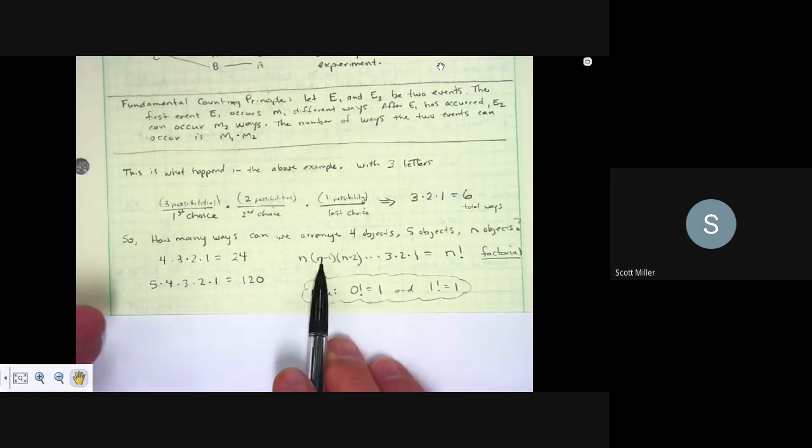This brings us to something called a factorial. n objects is n times n minus 1, times n minus 2, all the way down to 1, and that is defined as n factorial. An exclamation point means factorial, and it literally means whatever that number is, multiply all the integers from that number all the way down to 1.